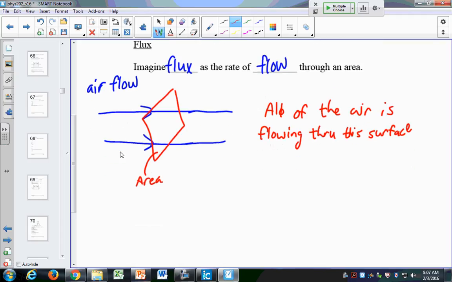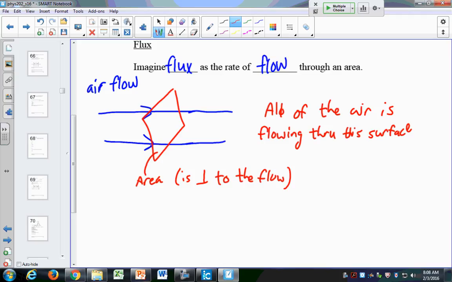However, what would happen if, in this case, the area is perpendicular to the flow? What would happen if instead the air was going parallel to the flow? How much air would actually travel through that imaginary area that I have? It's going parallel instead of perpendicular. How much air would go through? All of it? Not as much of it? None of it? None. Right.